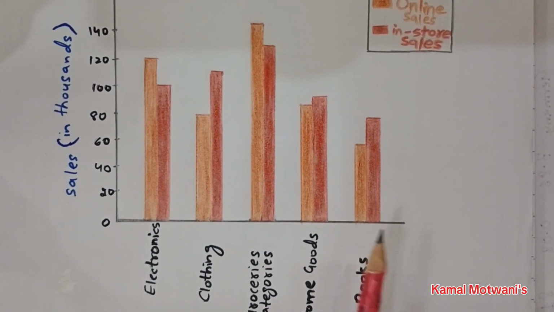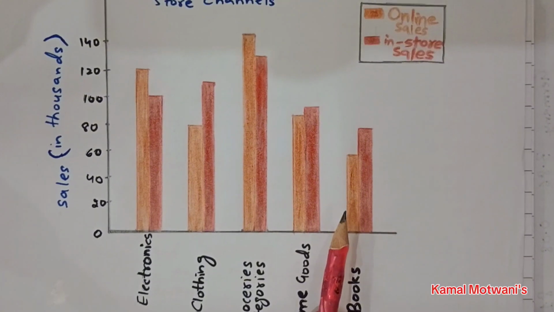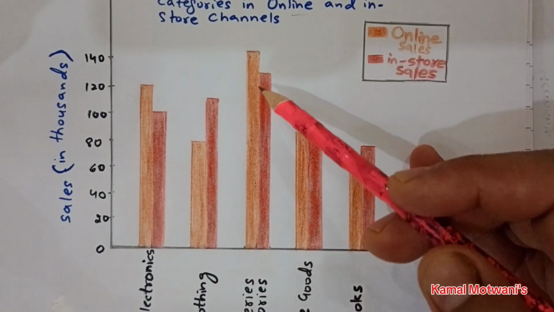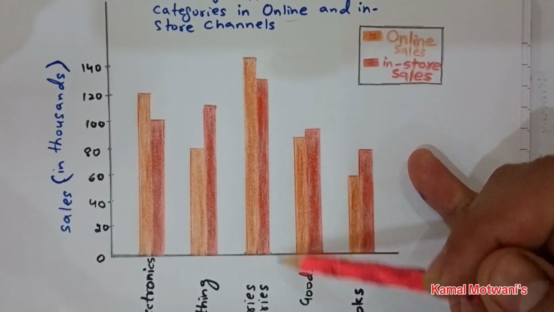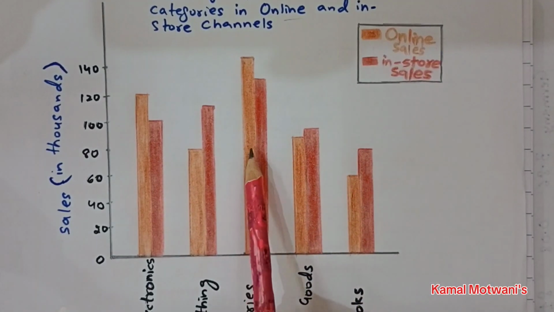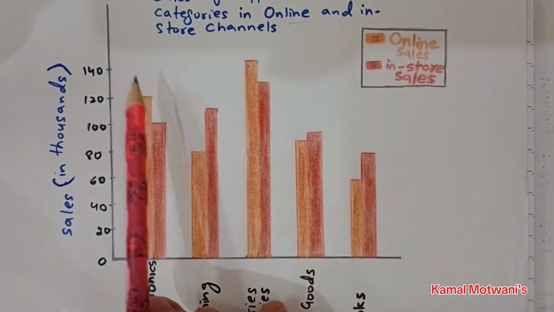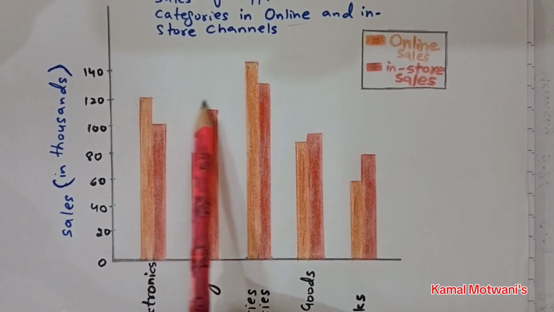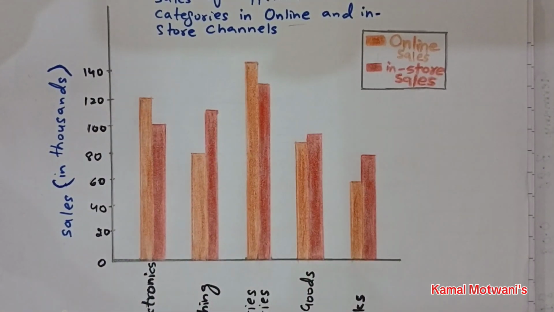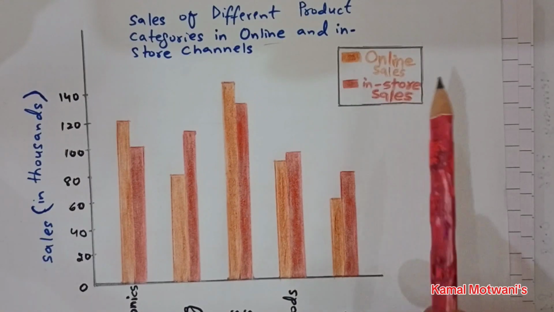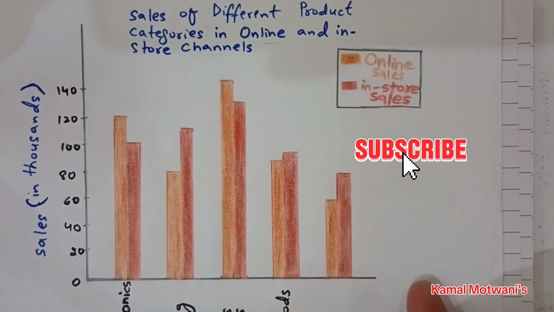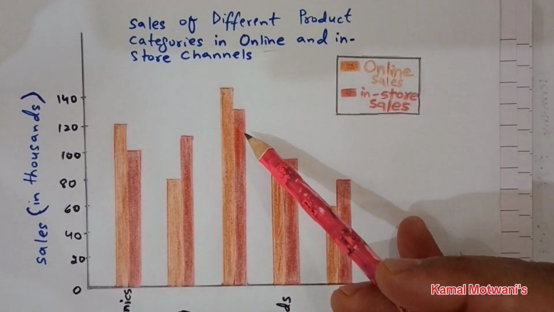We can say that in this bar chart, the grocery category has the highest sales because the highest bars are of grocery, online and in-store. No orange bar crosses this bar. As far as the in-store sales are concerned, meaning the red bars, even then grocery has the highest red bar.